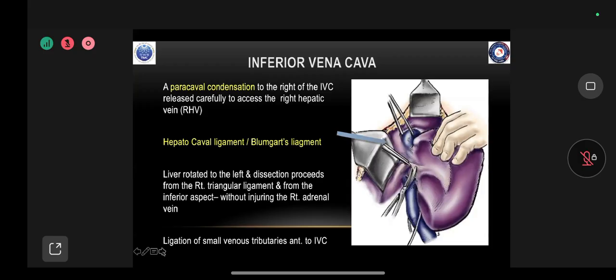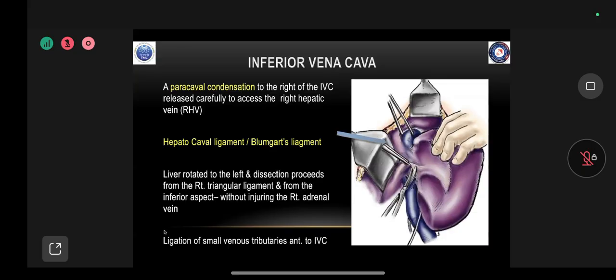That is called the hepatocaval or the Blumgart or the Makuuchi's ligament, variously known. Suffice to say that it is sometimes just a thin structure you can easily tackle with an energy device. Sometimes it has blood vessels which, if you're not aware of, you may just cut it. It can lead to bleeding because that's a direct opening in the IVC.